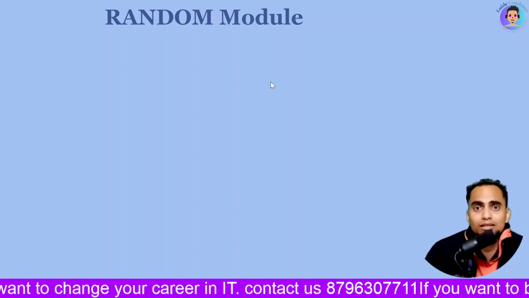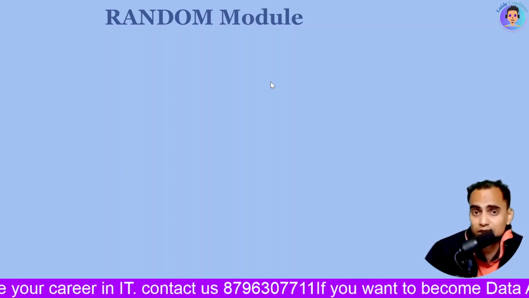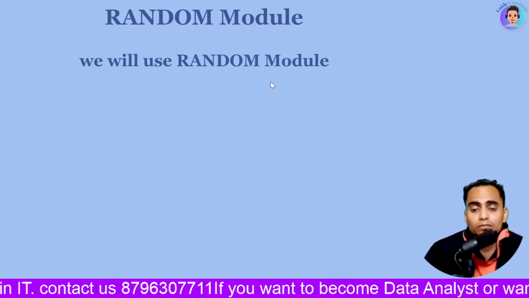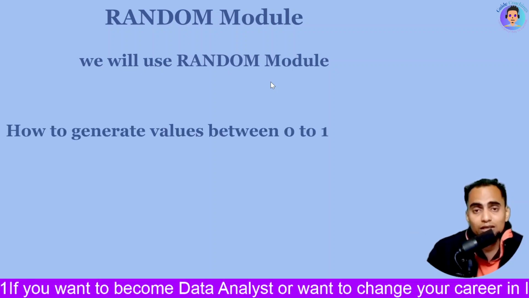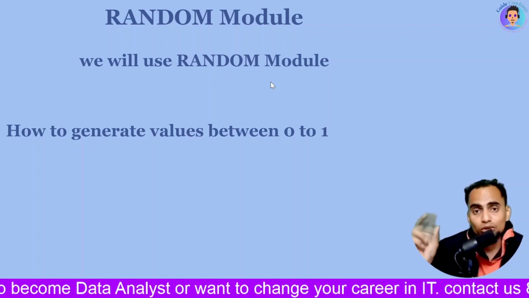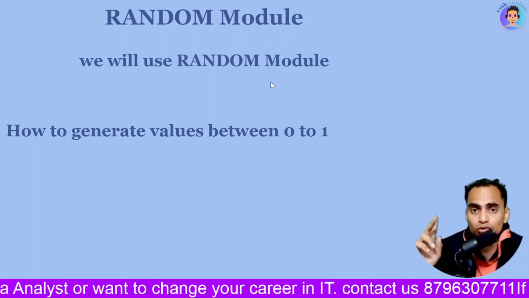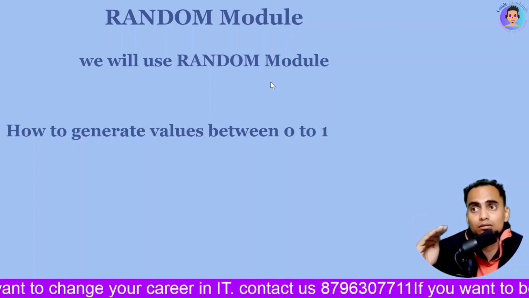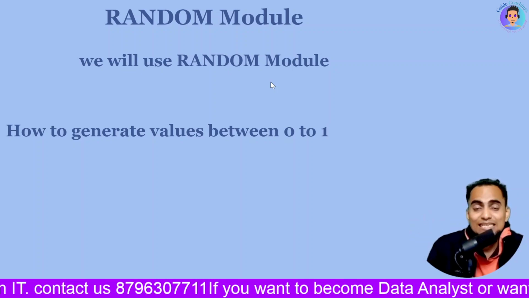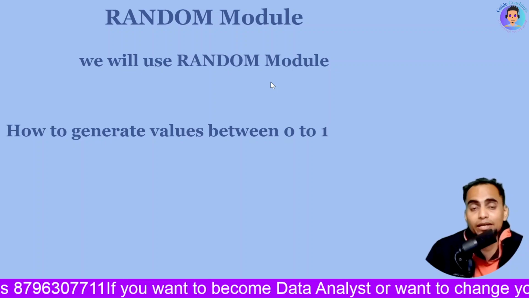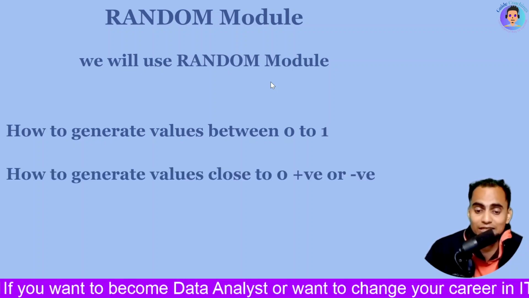Now we'll see how the random module works and what the importance of it is. So there are basically three types of random functions which are mostly used. We will be using the random module when we want to generate a number between 0 to 1. Then if we want to generate a series of numbers from negative to positive, we will be using random again.